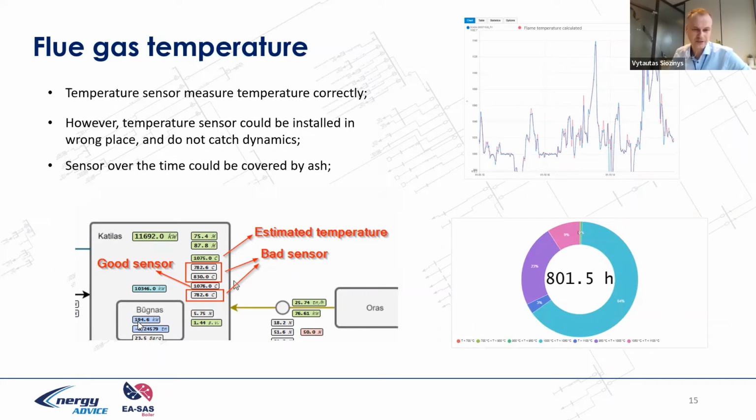For example, here we have 4 meters, and 3 meters show lower temperatures, 900, 830, 780 degrees, and one sensor is still showing 1076. The estimate from boiler mathematics shows that it is near 1075 degrees.